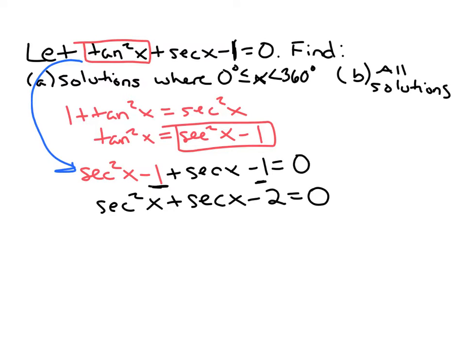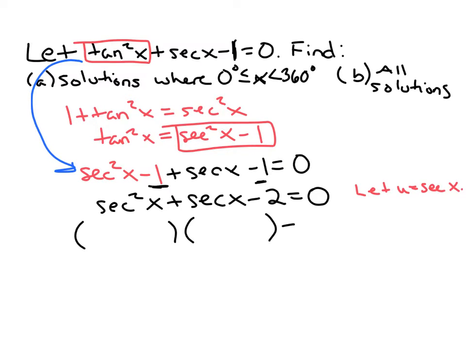Great. Now we've got an equation that's quadratic in form. If you'd like to use a substitution, let u stand in for secant x, you can do that, but you don't have to write out that substitution if you don't feel the need. I'm going to write this one up without the substitution.